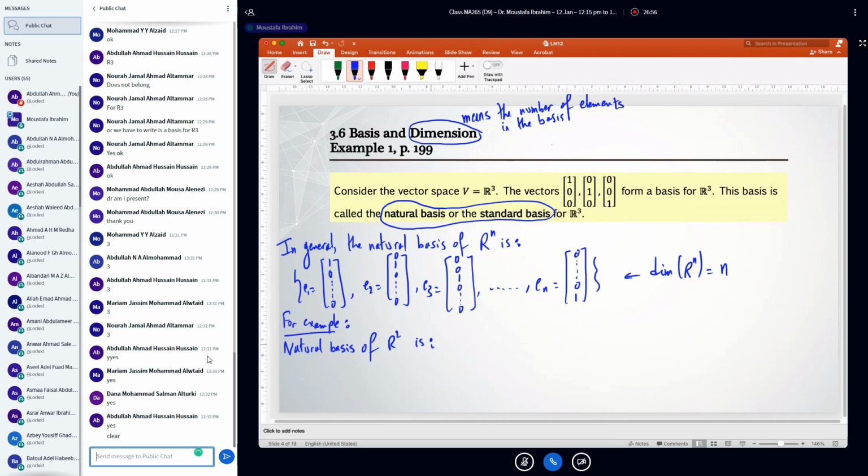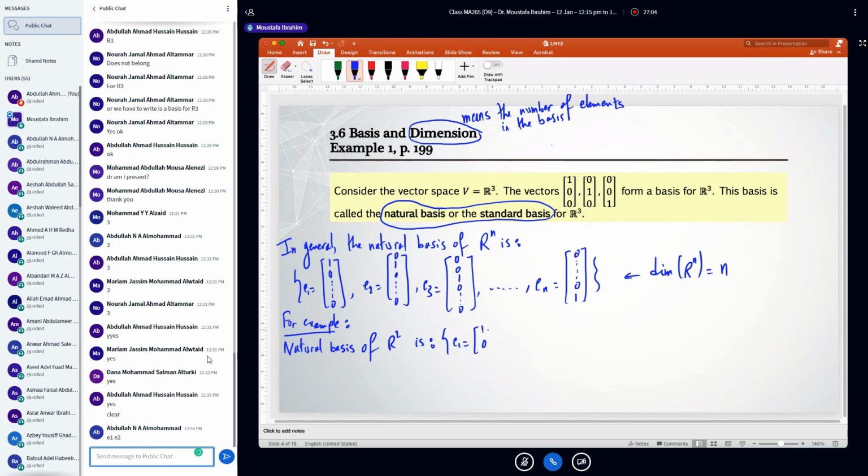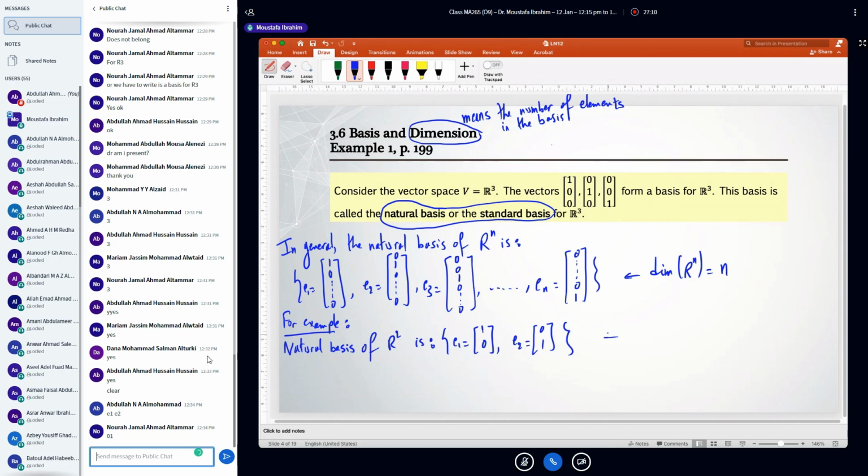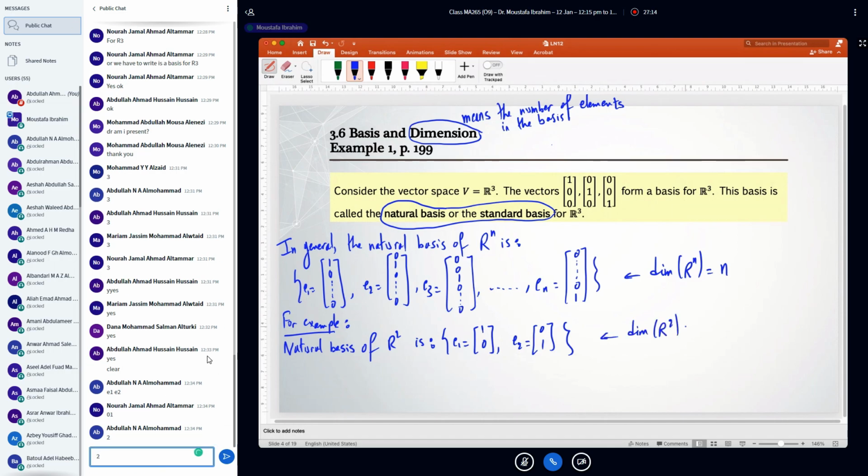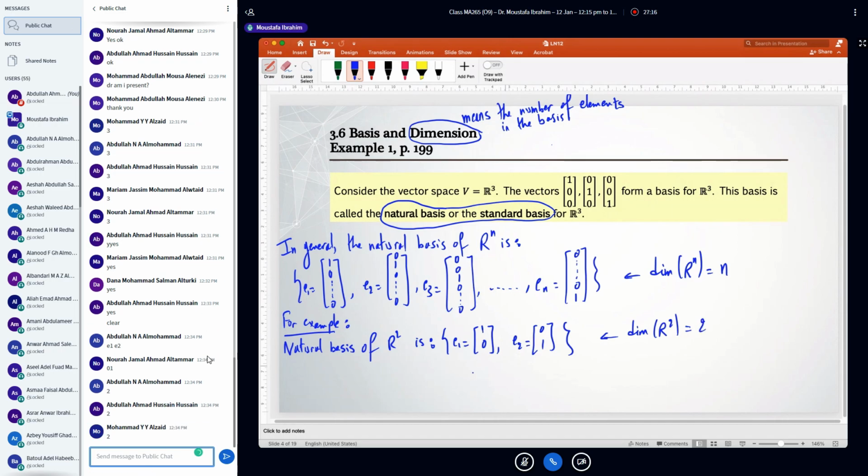How many vectors here? We need only 2. e1, we take the first one 1, the second 0, because we don't have any more. And e2, very good, 0, 1. So what's the dimension of R2? 2, simply, we have 2 vectors.